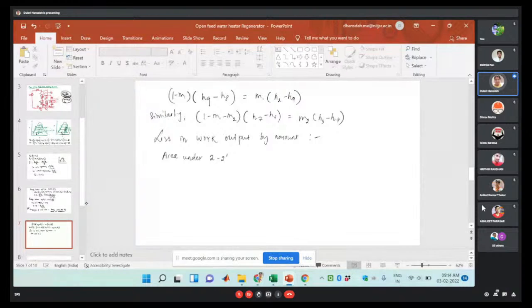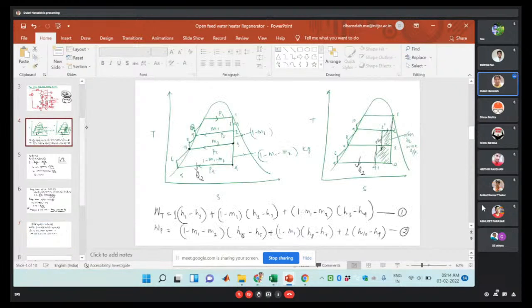So area under 2 dash means this is the work output, right? By this area or expansion process. Area under 3 dash minus 3 double dash minus this minus this will be the area under 4 to 4 dash.